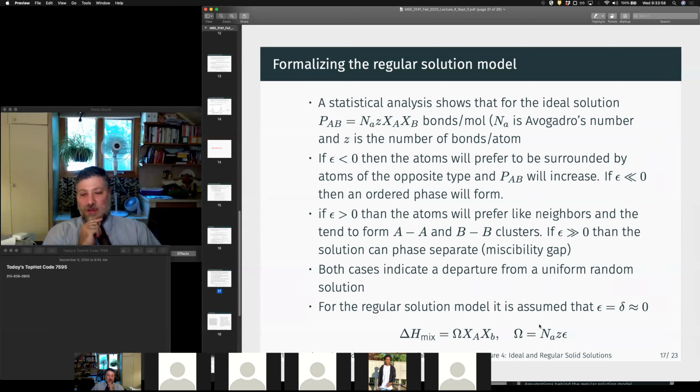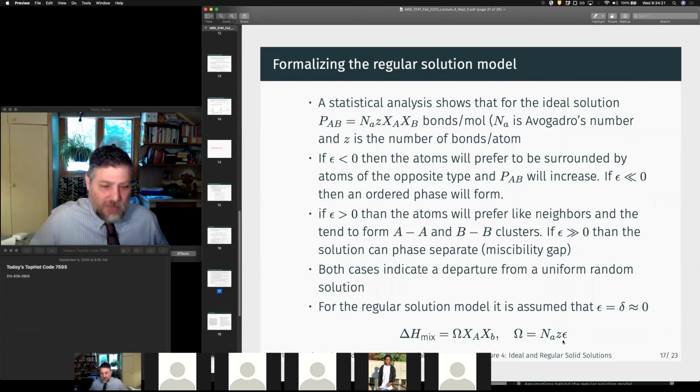Is it dependent on the two materials in there, and is also dependent on the fraction of them? So it's not constant. Omega is independent of the fraction, right? But it's dependent on the two materials through the bond energy, through this epsilon term. Okay, I see. So we'd be given some information to calculate it.